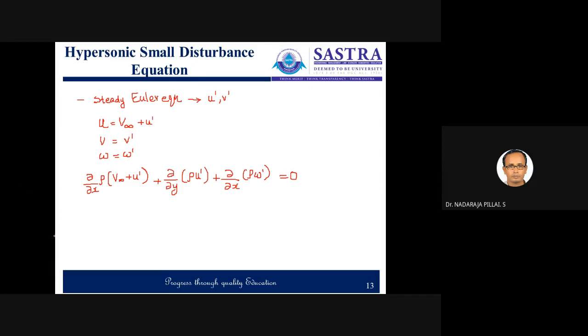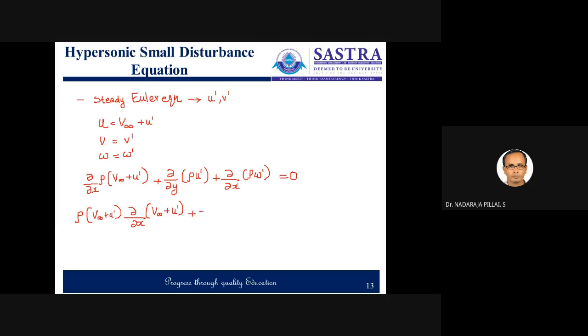Now let us write the x momentum equation. So rho into v infinity plus u dash into dou by dou x of v infinity plus u dash. We need to remember one thing: we are considering only the steady set of equations, hence we don't consider the time term, dou t.